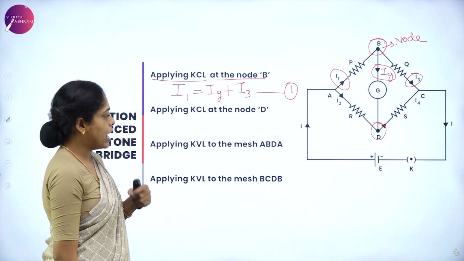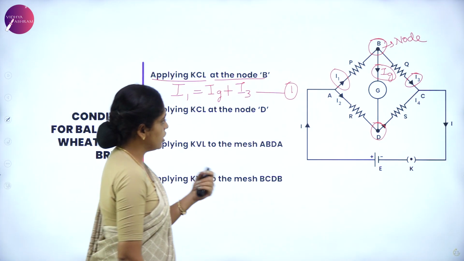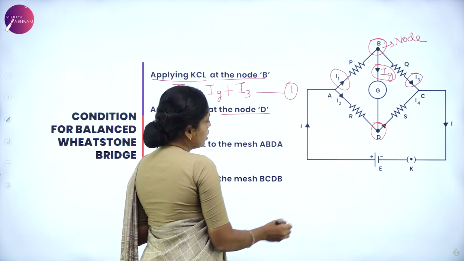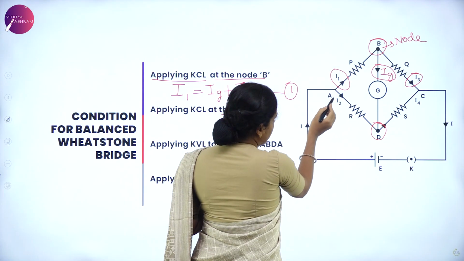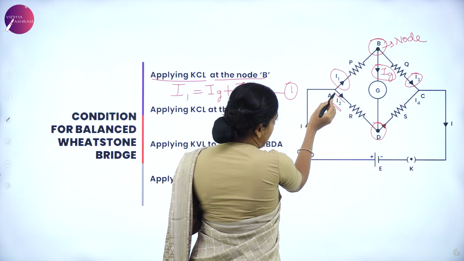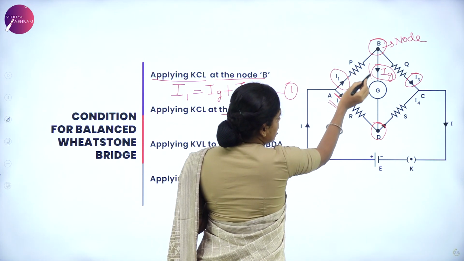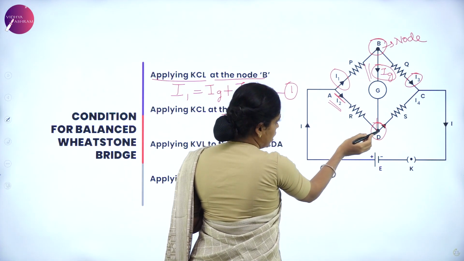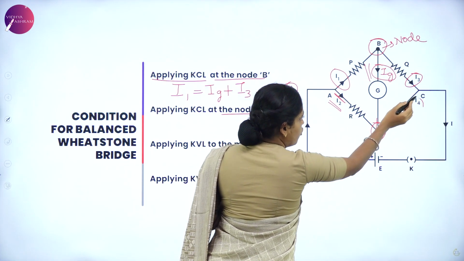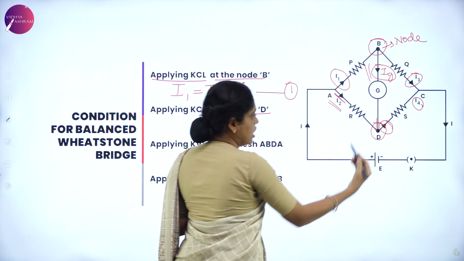In the same way, we will apply KCL at node D. At this node, I2 is the current which is entering. IG is also a current which is entering, but I4 is the current which is leaving.